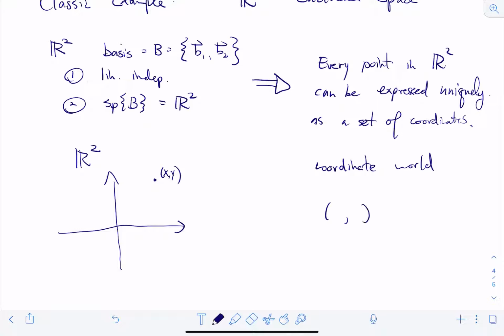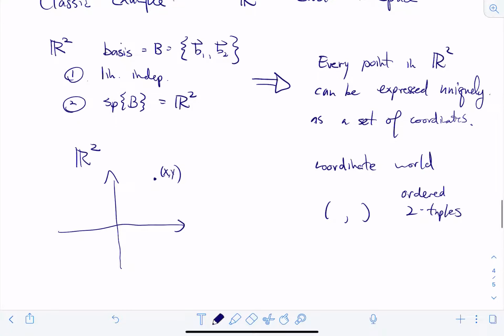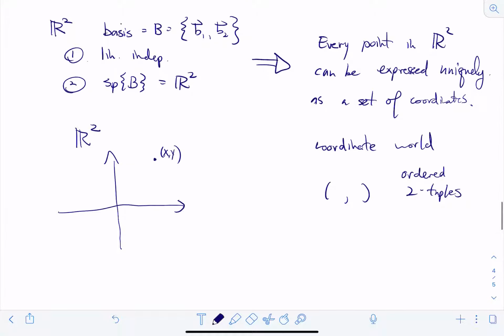So we call these ordered two tuples. And what's happened is throughout your life, you've been using these two things to mean the same exact thing. In other words, I say a pair of coordinates, and you automatically picture a point in space. And this happens very naturally to you.